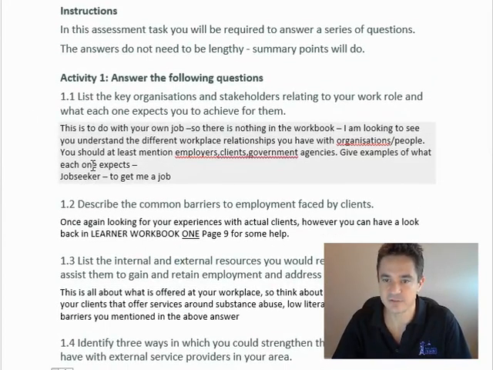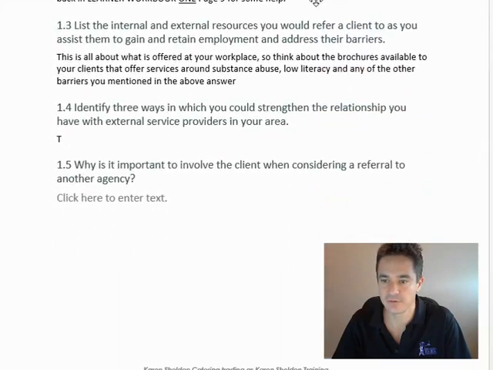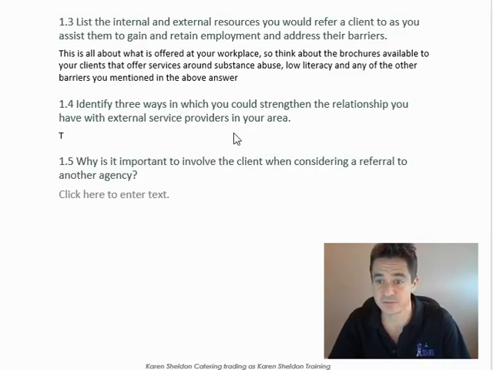Then if we scroll down a little bit, okay, the next one is identify 3 ways in which you could strengthen the relationship you have with external service providers in your area.